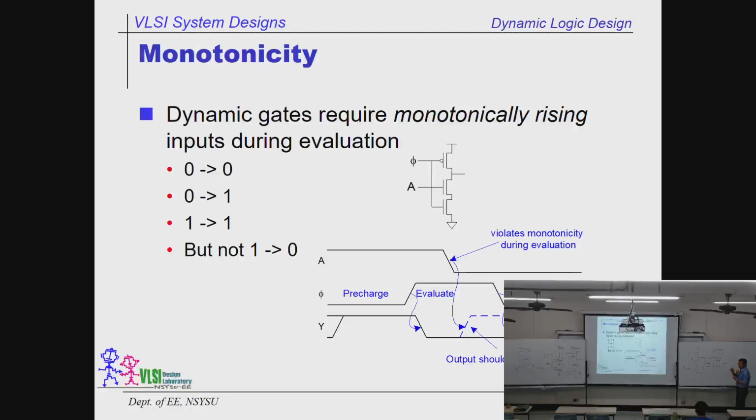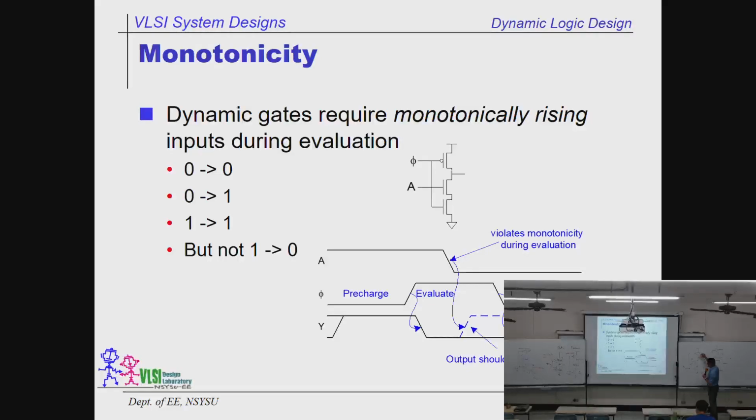The only thing that we are concerned about is A changing during the evaluation. So if A is switched from 0 to 1 during the evaluation, what's going to happen? Before the evaluation, when it is pre-charged, Y is equal to 1.